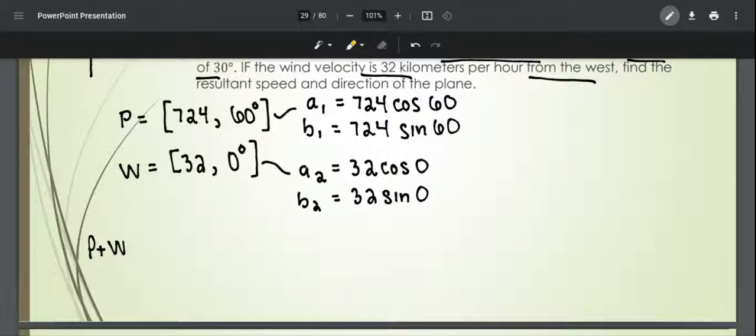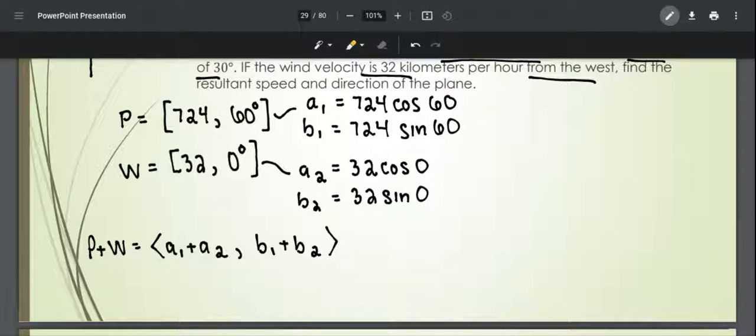So to add our two vectors together, P plus W, we need to add our components: A1 plus A2 and B1 plus B2. You don't need to write out all of that because you're just going to type it into your calculator, so what I'm writing down would be the work you would want to show.